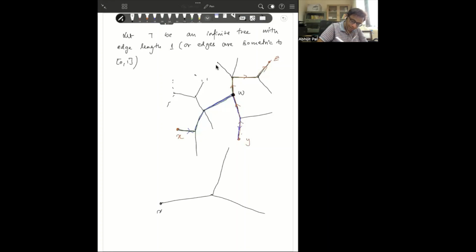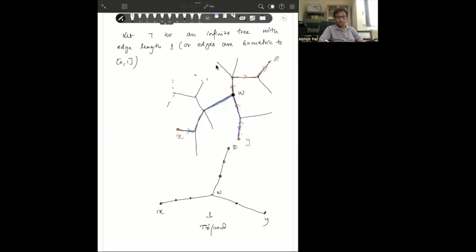This point is my x, this is my y, and this is my z. These are the vertices here, and this is my w. So the triangle here is this tripod.